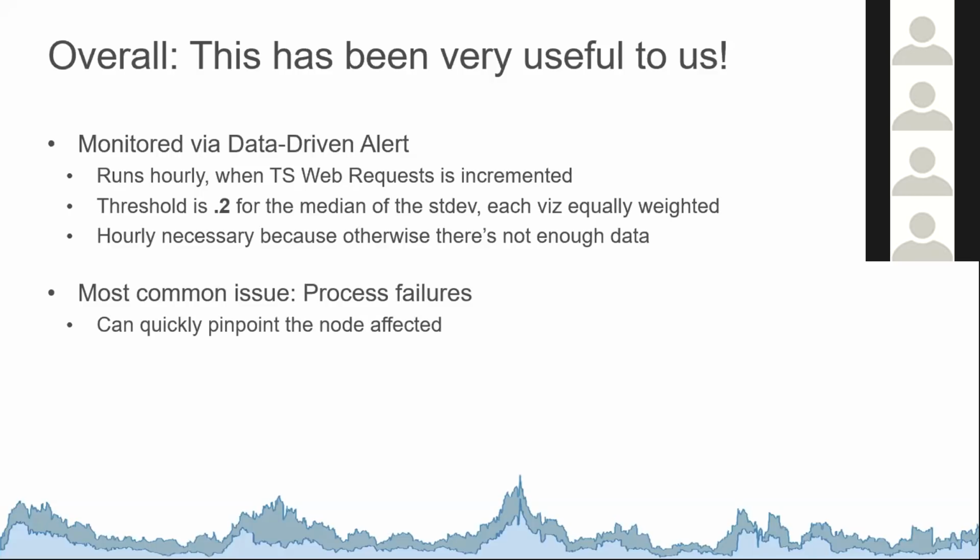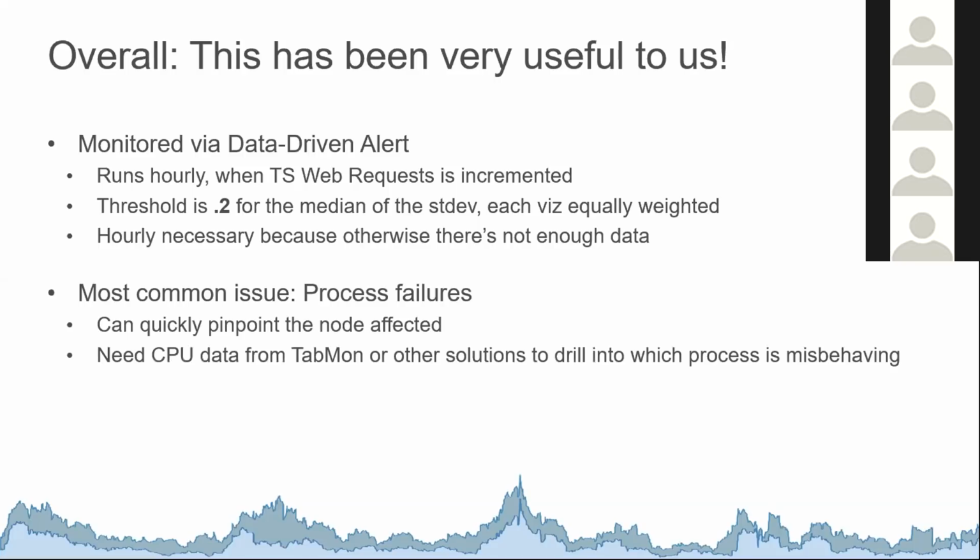Because we have the breakout between the workers, it's pretty easy to pinpoint which one to remote into to take a look at. CPU data can be really useful in this scenario because oftentimes performance issues are correlated to CPU utilization.